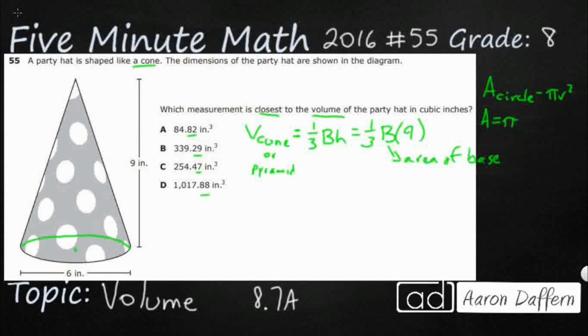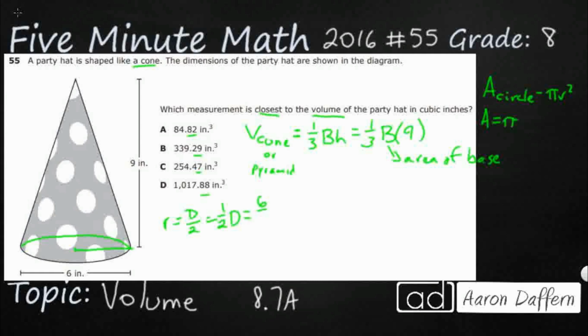The radius is from the center out to the side. The diameter is from one side to the other side, so the relationship there is radius is always half the diameter. Or you can just say radius is 1/2 times the diameter, dividing by 2, multiplying by 1/2, it's the same thing.